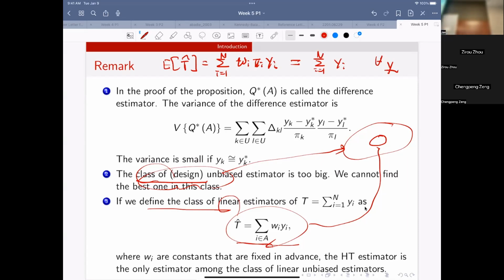If you treat wi as fixed, then the expectation is just the expectation of the indicator, which is pi i.